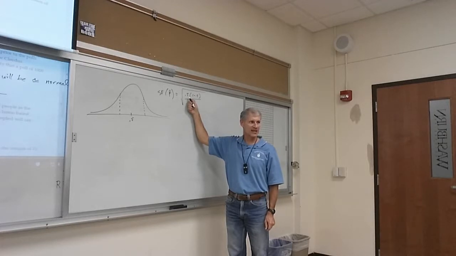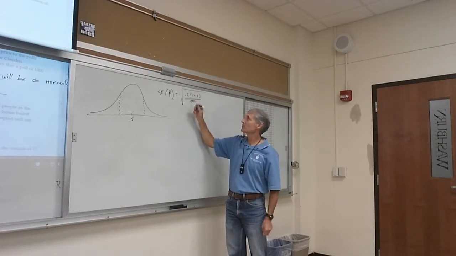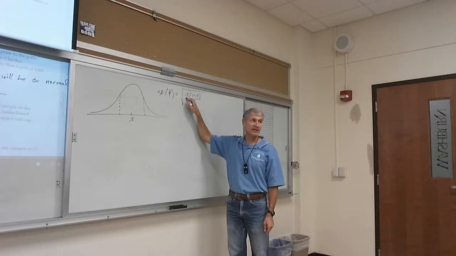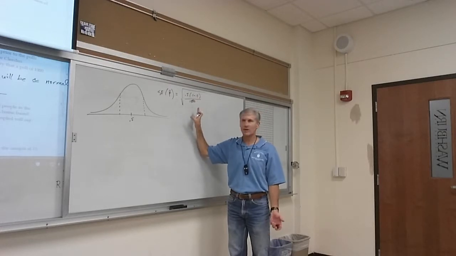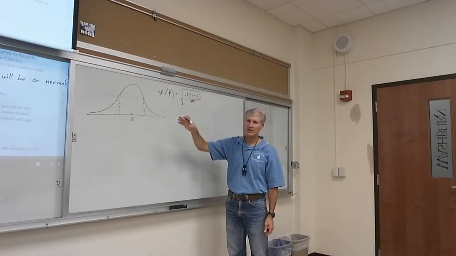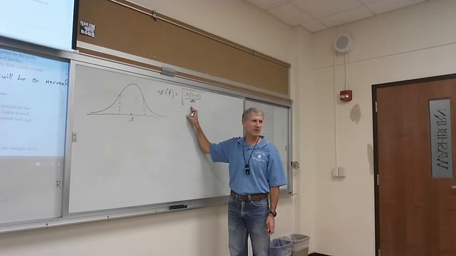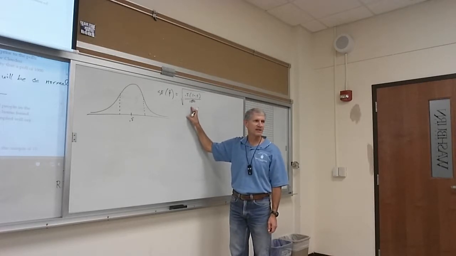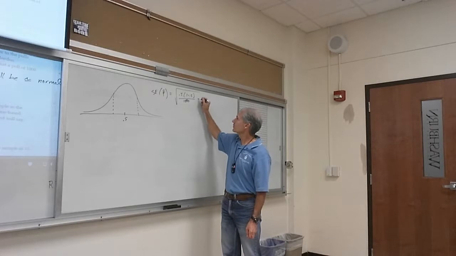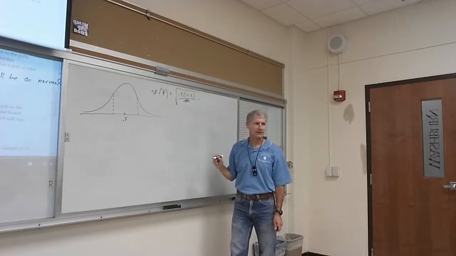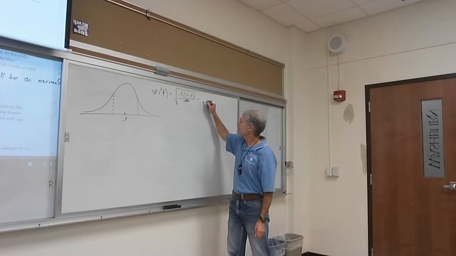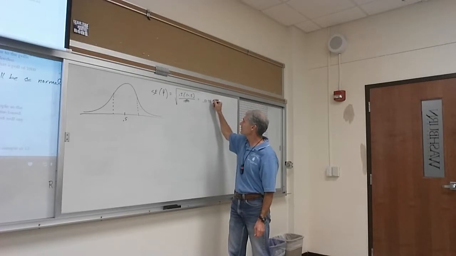Later, after the test, we will start a section where we won't know what p is, so we replace it with p hat. And that's okay. Here they're close. You'd get a number that's almost the same, but you'd be off a little bit. So what is that number? 0.0158.